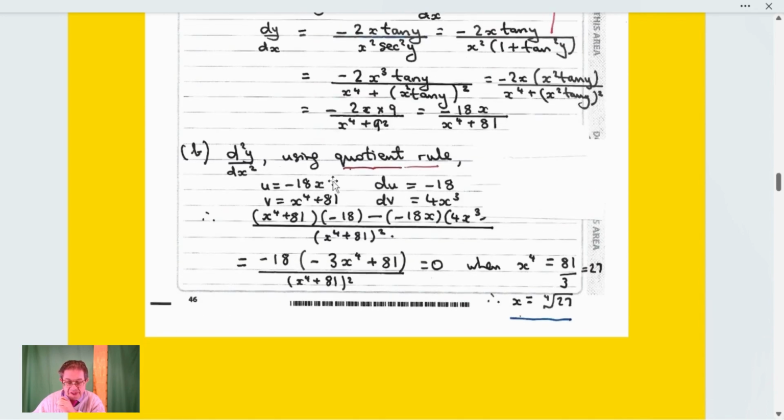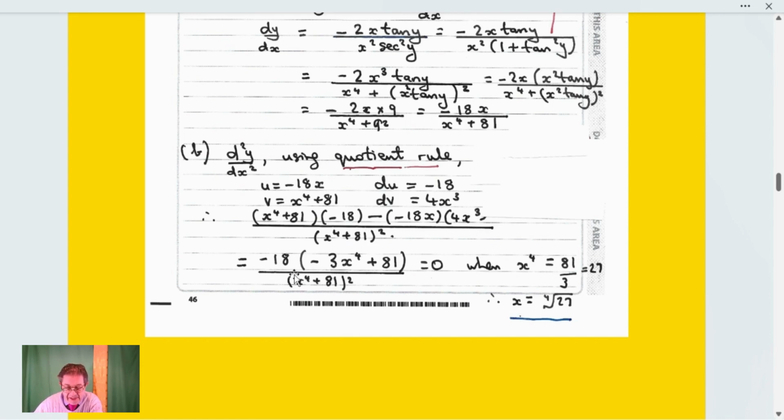So u is minus 18x, v is x to the 4 plus 81, du is minus 18, dv is 4x cubed. So putting those into the quotient rule formula, I get x to the 4 plus 81 times du, minus 18, take away u dv, minus 18x times 4x cubed.